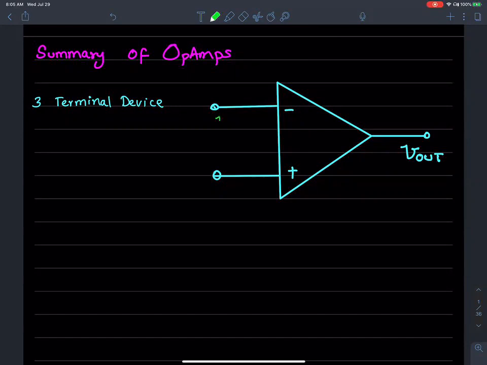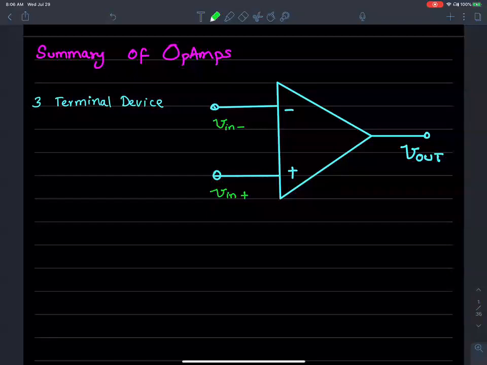So this one connected to the negative terminal is called the negative input, V in minus, and there's a second input terminal called V in positive. So the main terminals of interest to us are the 2 inputs and 1 output terminal.